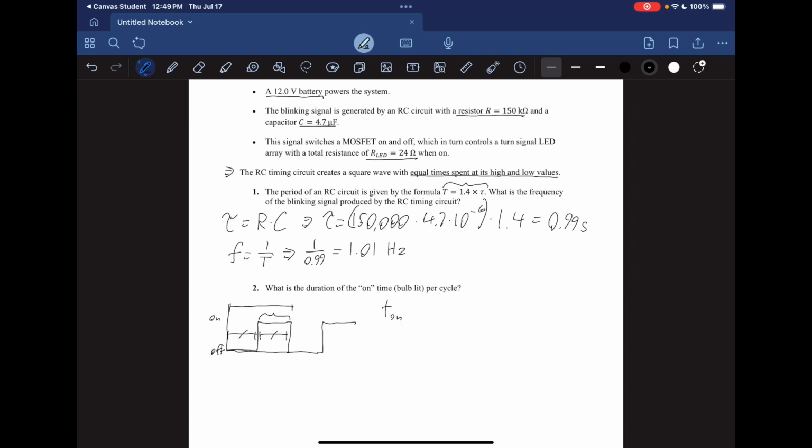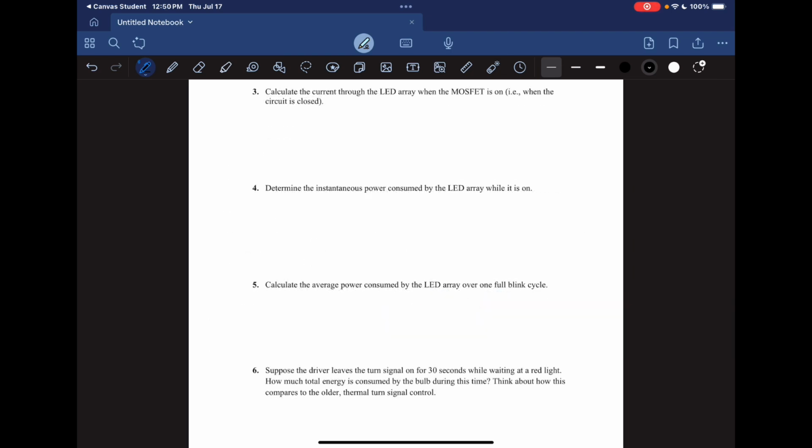So we have the time on equals period T divided by 2. We already have our period, which is 0.99 seconds, divided by 2. Plug that into the calculator. That is roughly 0.495 seconds.